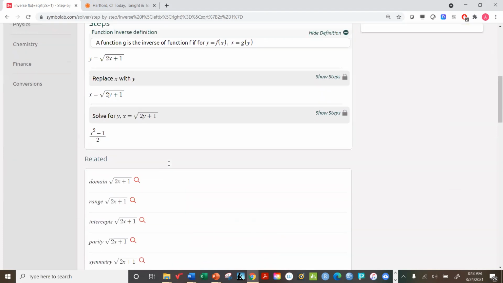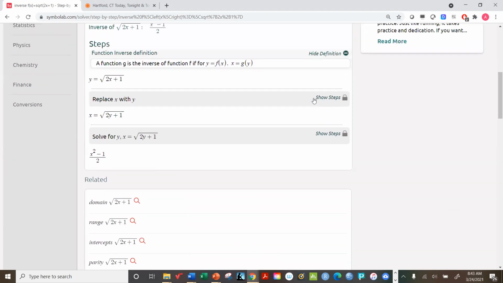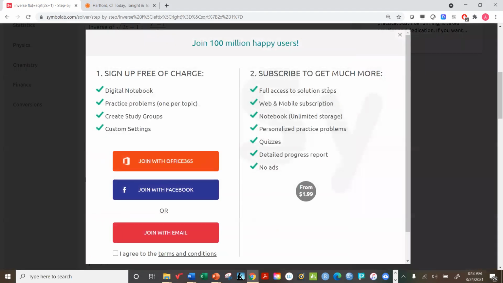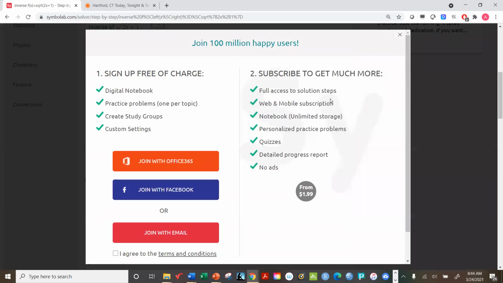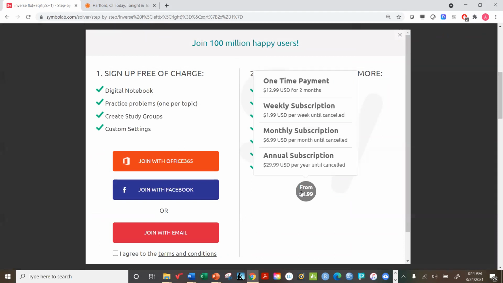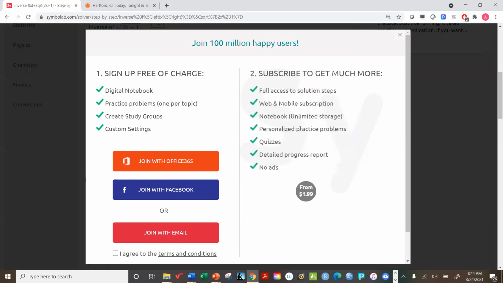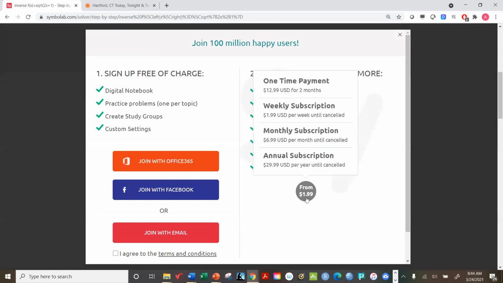That's kind of interesting. Now, if you notice, I just realized eventually that if you look over here on this lock, I think what they're basically telling you is that they're giving you a lot of the information, but not all of it. If you really need more details, you can actually pay them. It's not so bad: $1.99 a week, $29 a year till it's canceled.